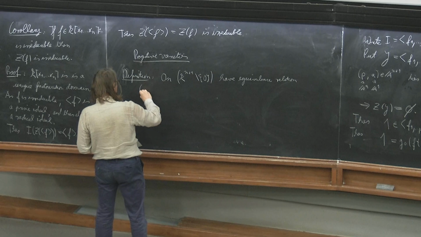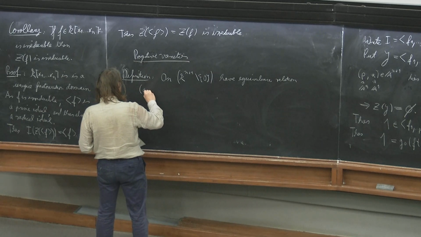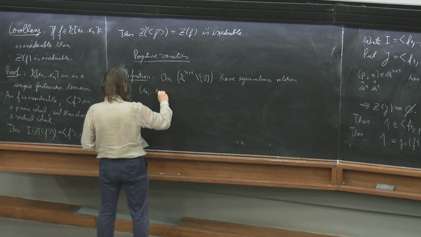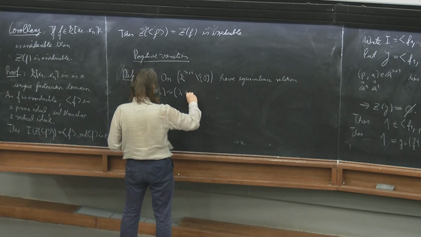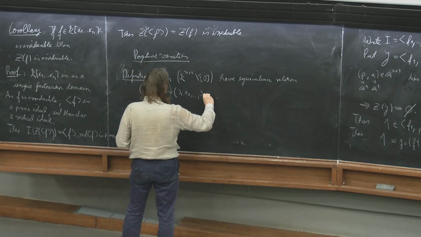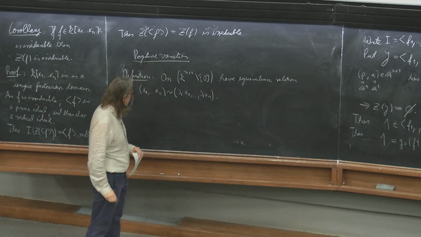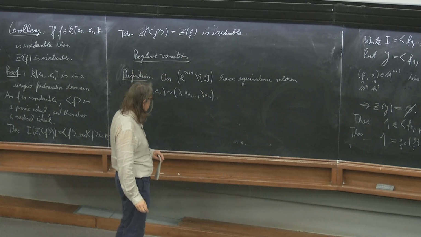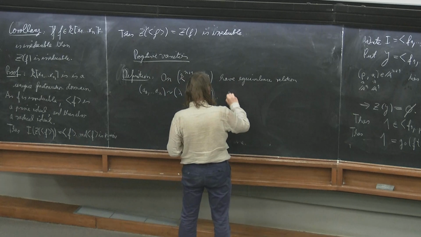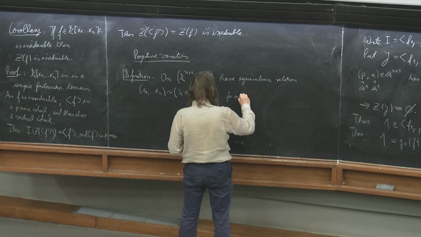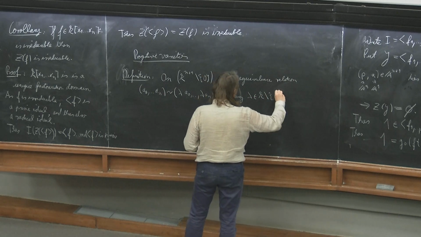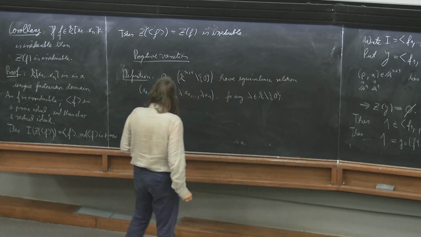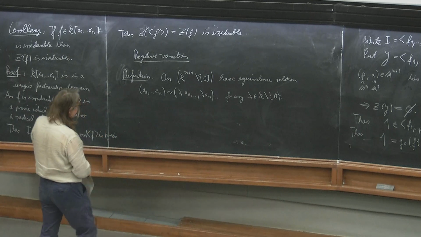Namely, an n-tuple A0 to An is equivalent to lambda A0 to lambda An for any non-zero lambda in K. Okay, so this gives us an equivalence relation.